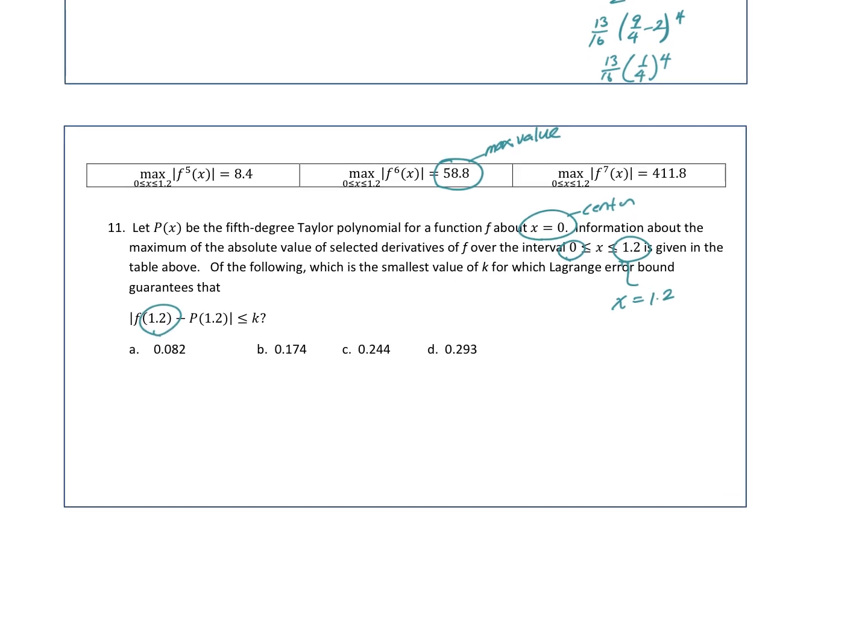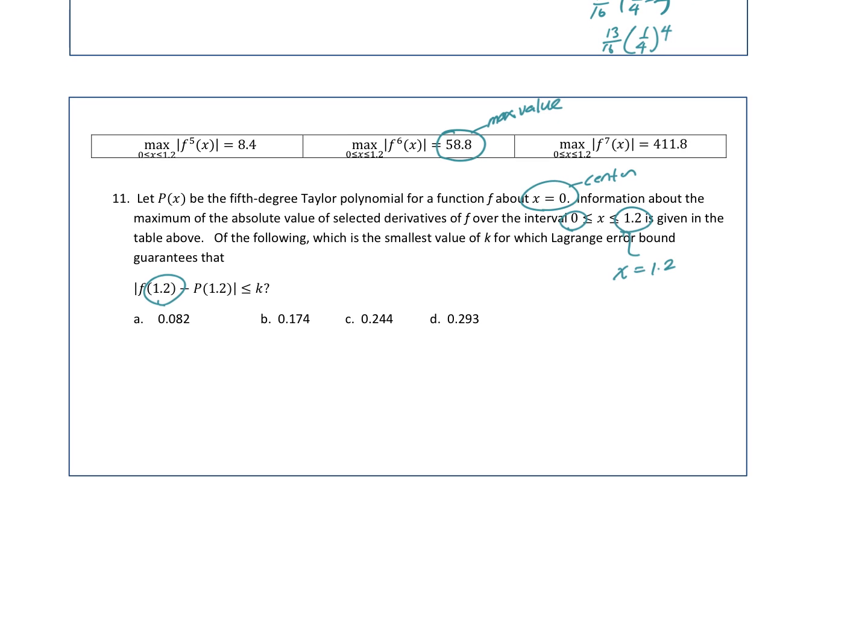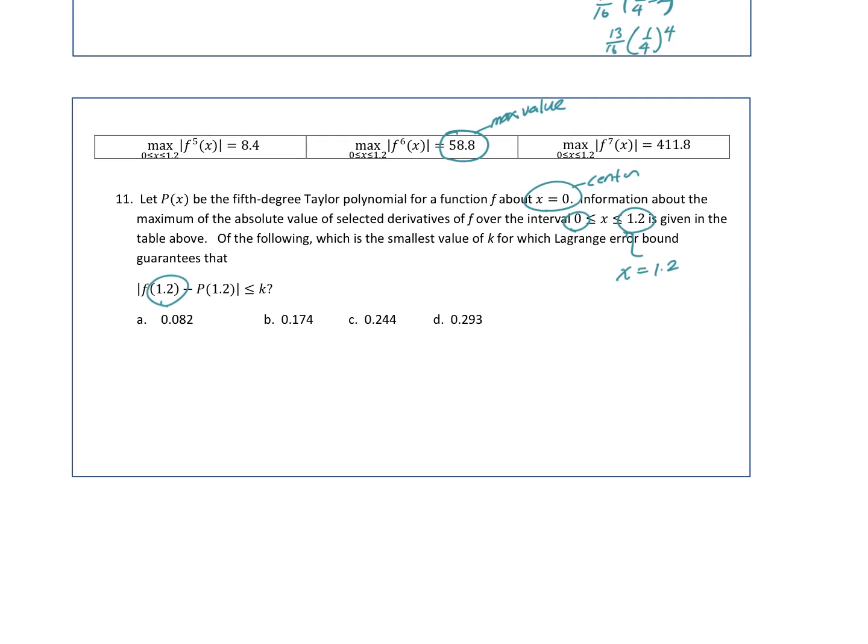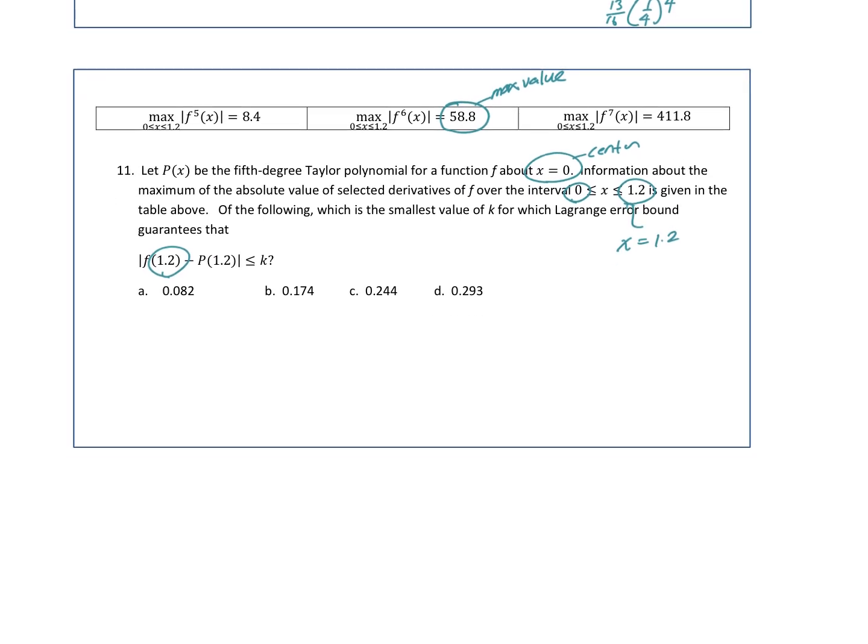So now we've got the max value, 58.8, times x minus c, so 1.2 minus 0 to the 6th power over 6 factorial, which is going to give me 0.244, which is C.